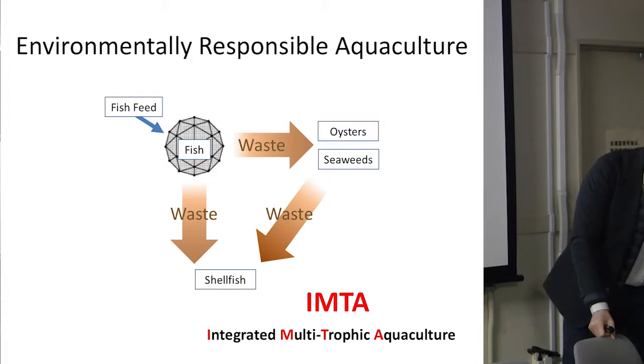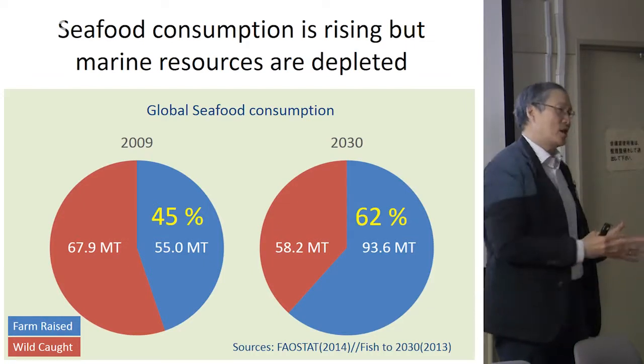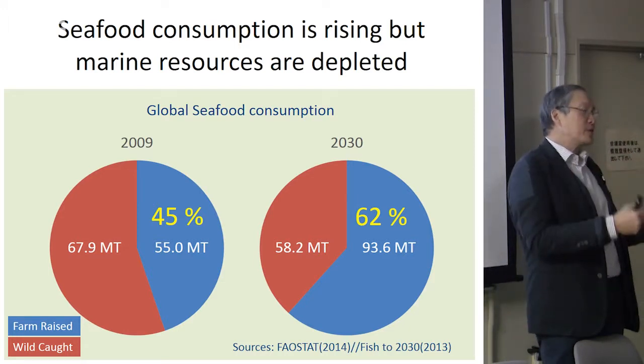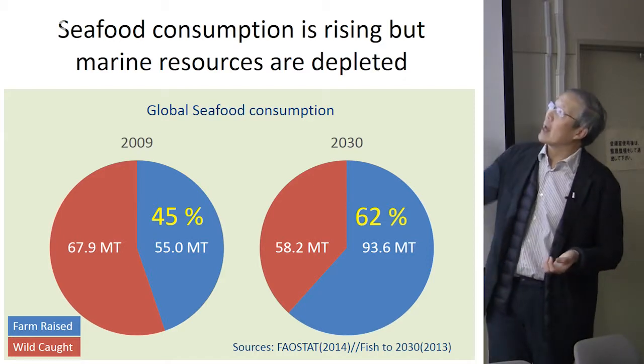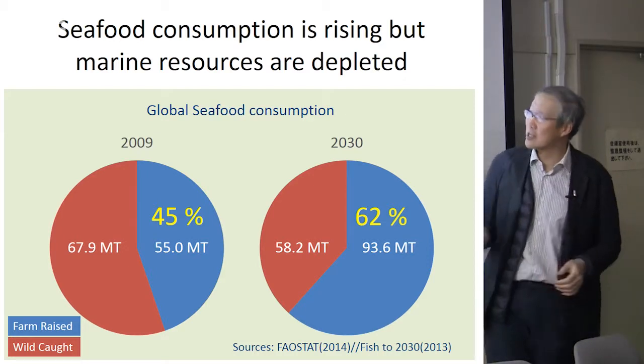Okay, now as we talk about aquaculture, I want to call your attention to the fact that the eating of seafood, the eating of fish, the eating of other seafood is rising. But the problem is our marine resources are depleted.